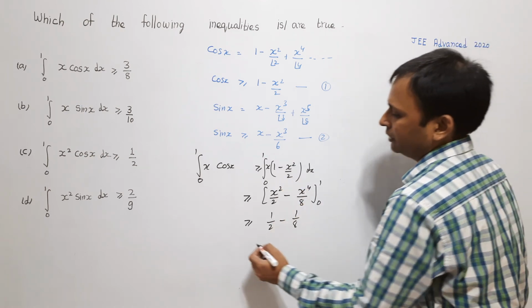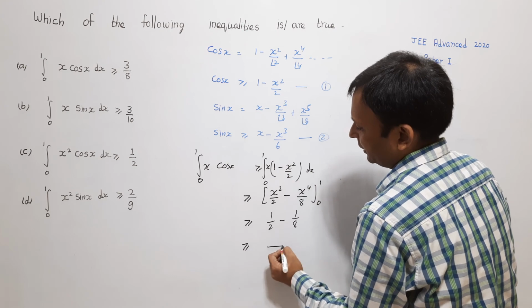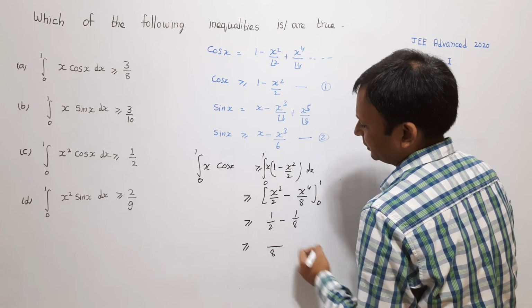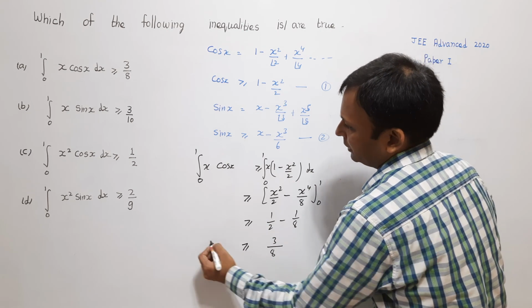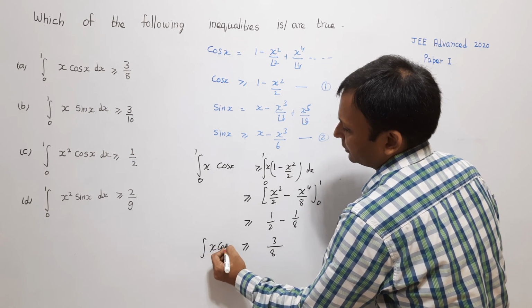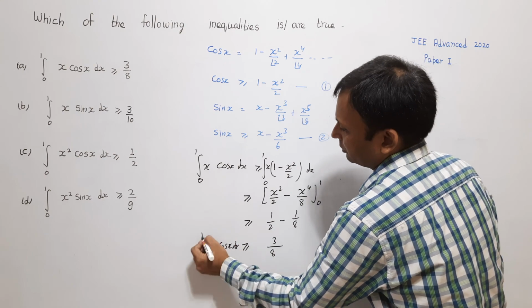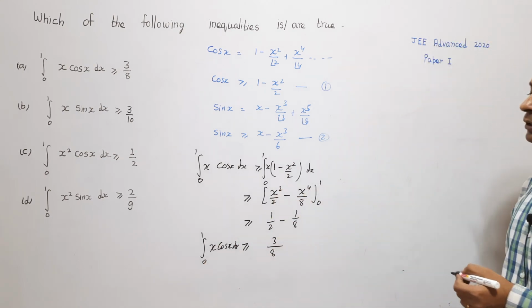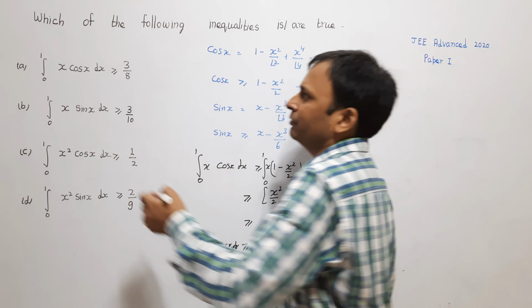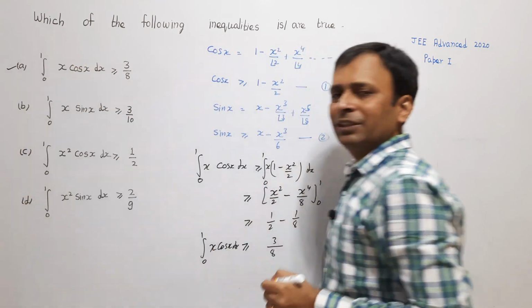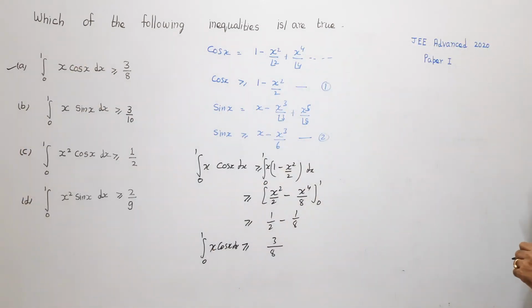Taking 8 as LCM, this is 4 minus 1, which is equal to 3 by 8. So the integral of x into cos x with respect to x from 0 to 1 will always be greater than or equal to 3 by 8, which matches our first option. So our first option comes out to be the correct answer.